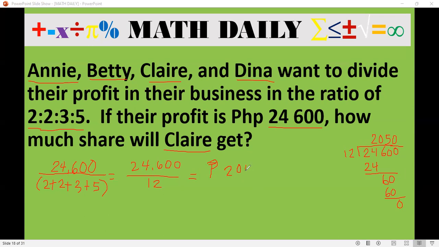So if you are to find the share of Annie, again, this is the first one mentioned, corresponding to the first in the ratio that was given. So that means you have Annie is to Betty, and then is to Claire. So that's actually the problem that we are trying to figure out.